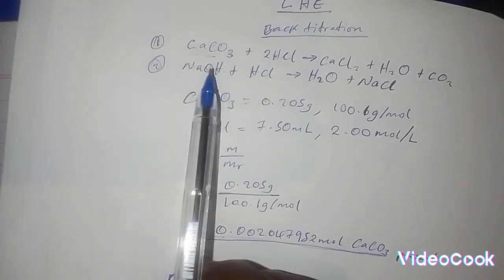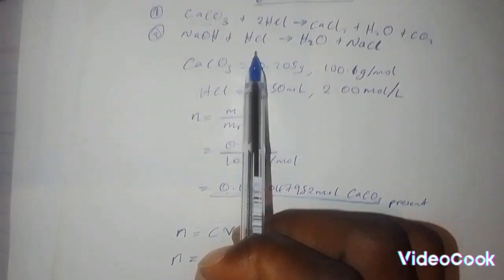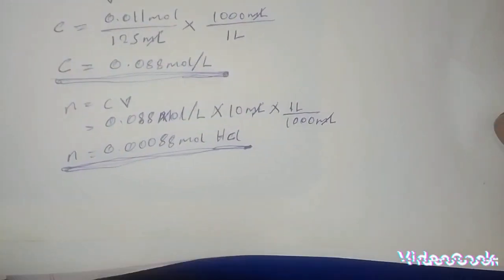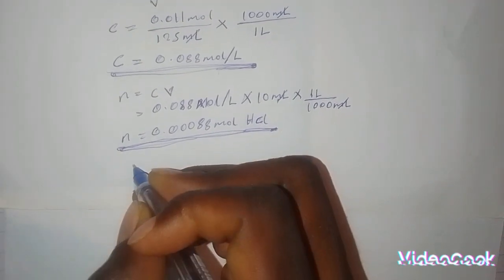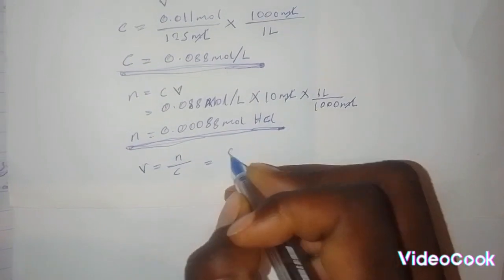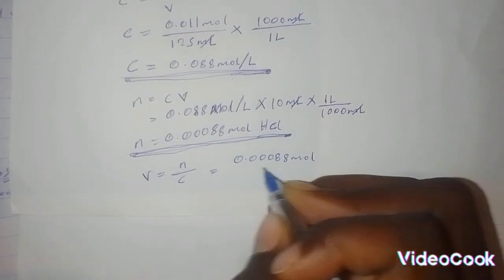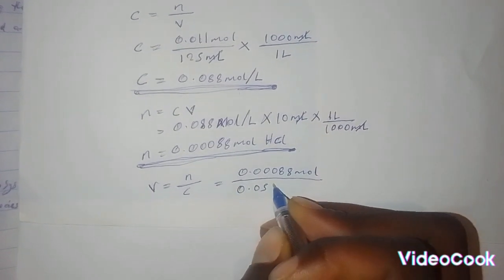So the mole ratio is 1 to 1. Since the mole ratio is 1 to 1, the number of moles for hydrochloric acid is the same as the number of moles for sodium hydroxide. Therefore, we will not waste any time here. We will just say volume is equal to number of moles over concentration. Number of moles is 0.00088 mole divided by the concentration, which is 0.058.